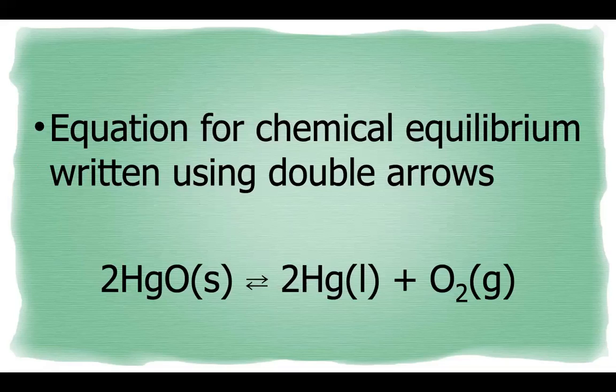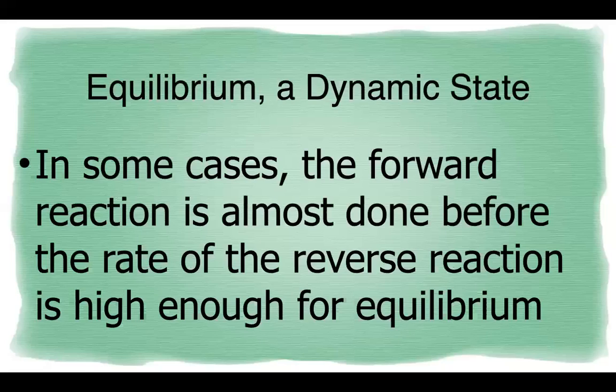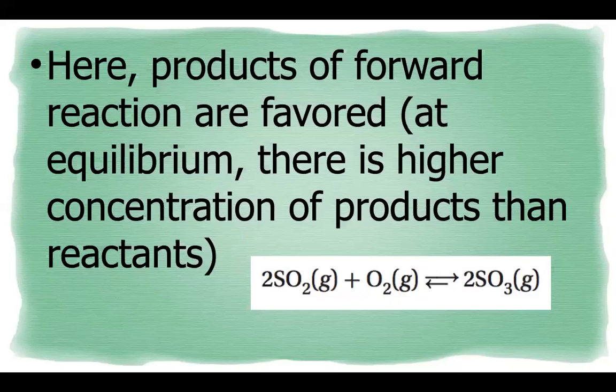The equation for chemical equilibrium is written using double arrows. In some cases, the forward reaction is almost done before the rate of the reverse reaction is high enough for equilibrium. So in this case, the products of the forward reaction are favored at equilibrium.